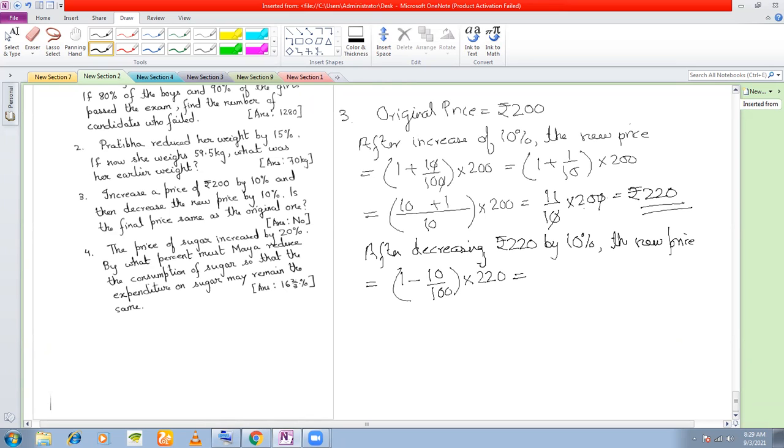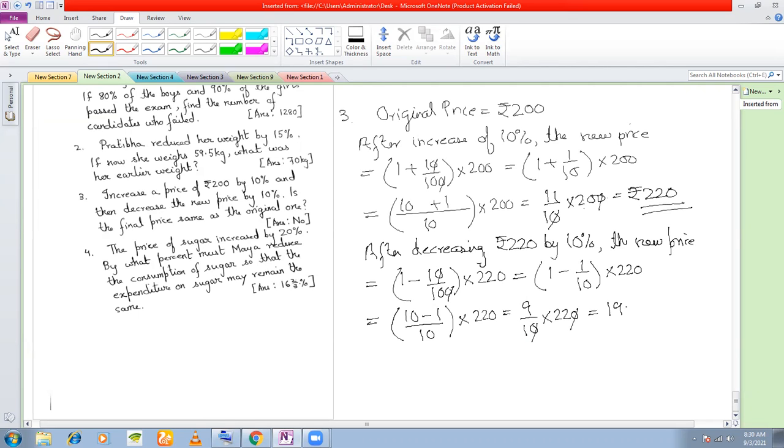Okay, so now you can cancel here, so you get 1 minus 1 by 10 into 220, which is 10 minus 1 by 10 into 220, 9 by 10 into 220. This cancels here. So 198.